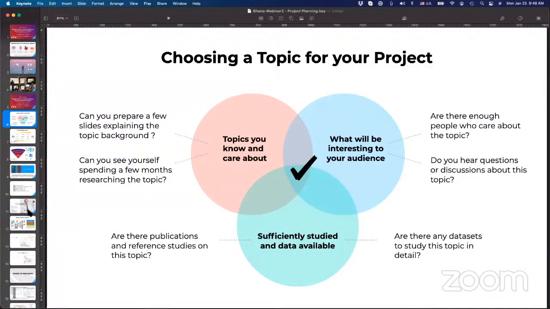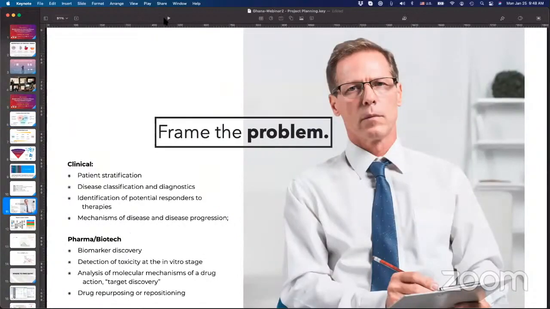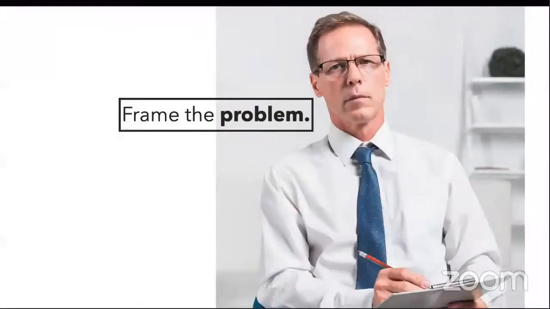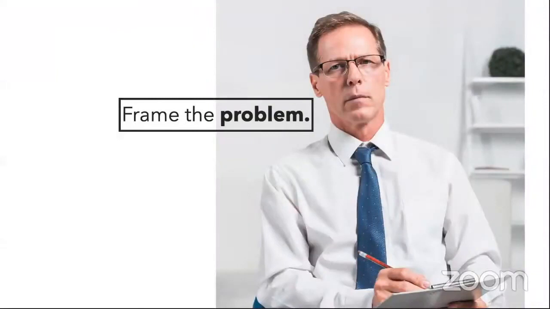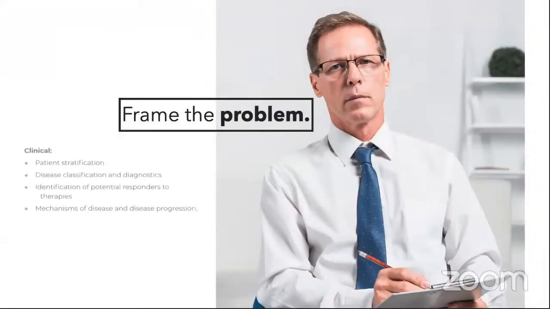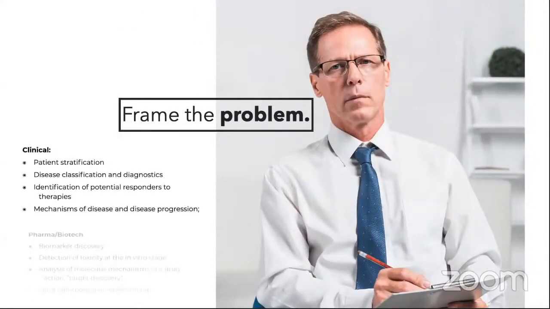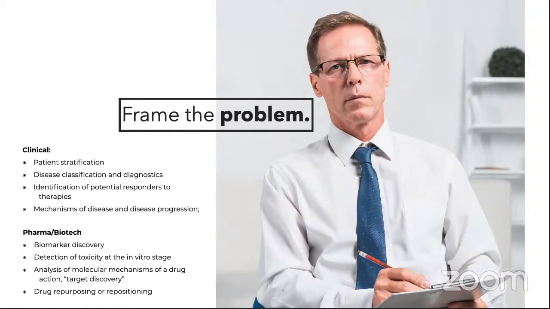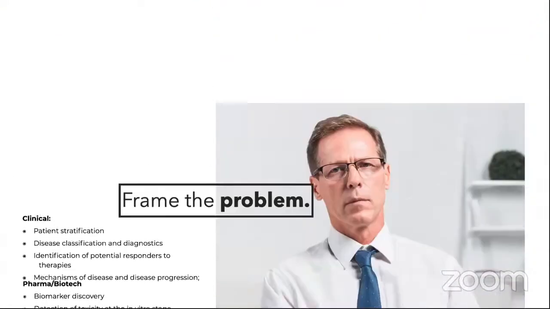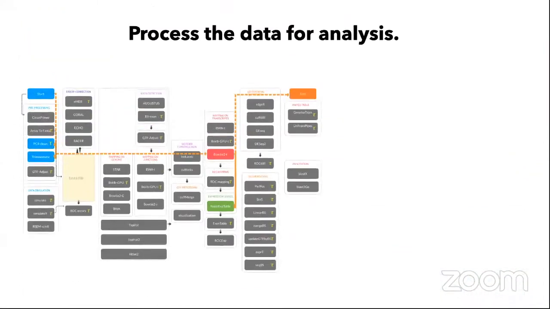So we've thought about how to frame the problem. Again, several examples of how to frame the problem and how to explore whether that problem could be answered with data. Now let's talk about processing the data. So many of the data sets that we have looked at will require processing of raw data.